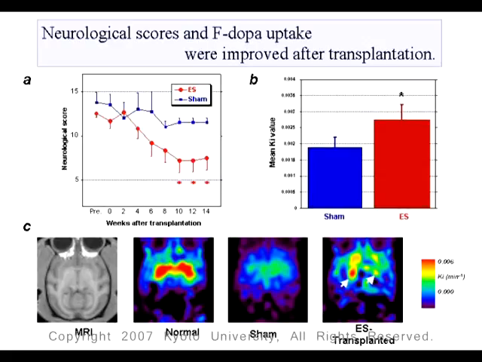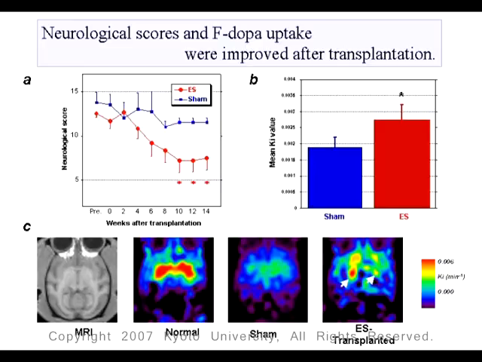This is the outcome, the change of the neurological scores, in the ESC transplanted monkeys and the sham-operated monkeys. In about 3 months, the neurological scores improved significantly compared to the sham-operated monkeys.